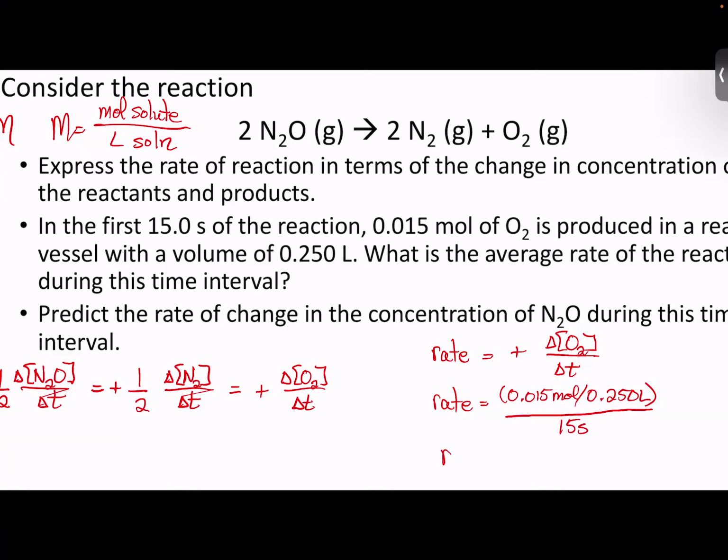So the rate is 0.004. And that is going to have the unit of molar per second. All rates have the unit of molar per second.